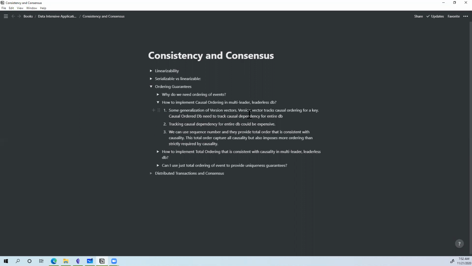Now here the version vector was used to track the causal ordering of events for just a particular key. But if we want to implement a causally ordered database, then we need to track these causal dependencies for the entire DB. We want to track the causal ordering between different keys as well.